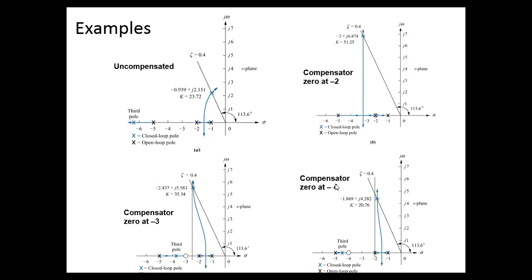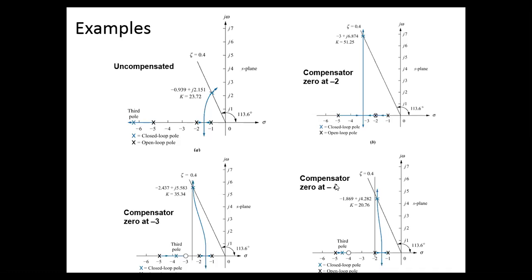In each design, the zero is moved to a different position and the root locus is shown for each compensated system. The dominant second order poles are further out along the 0.4 damping ratio line than the uncompensated system. Each of the compensated cases has dominant poles with the same damping ratio as the uncompensated case. Thus, we predict that the percentage overshoot will be the same for each case.